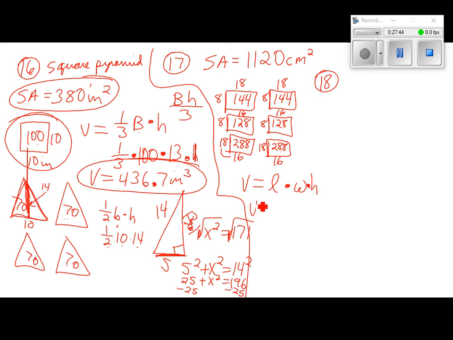So our length, width, and height are 18, 16, and 8. Doesn't matter which order they go in. You multiply all those together, 18 times 16 times 8, and you end up with a volume of 2,304, and our units are centimeters cubed, not squared, cubed.